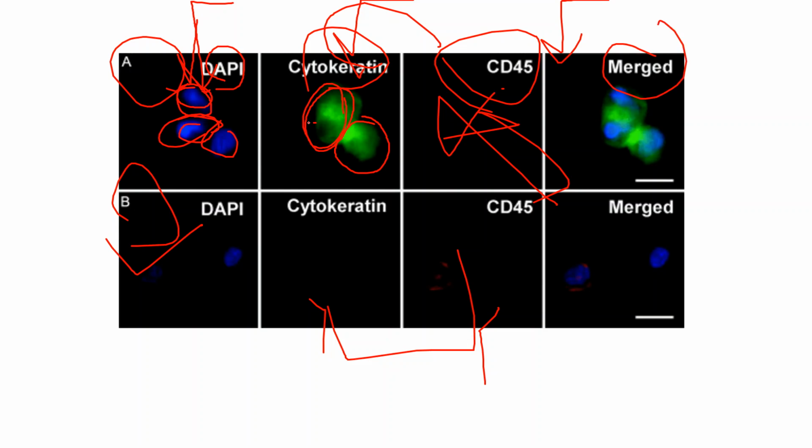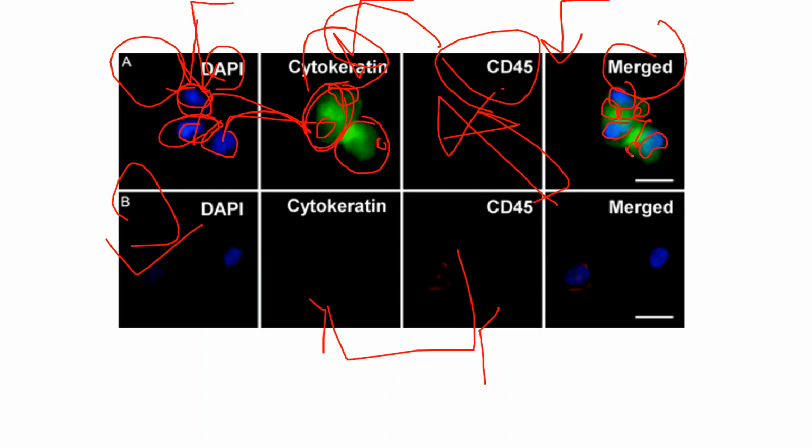When we merge both of these images, we can see that in this cytokeratin image, the space is not there, right? And this is the nucleus. Here also the amount is not present. Where is the nucleus? And here also the amount is very less, because we can see the nucleus clearly, right? So that means mostly this cytokeratin is present in the cytoplasm, right?